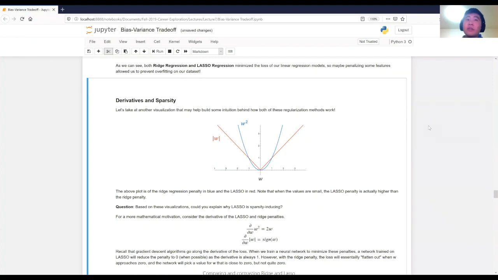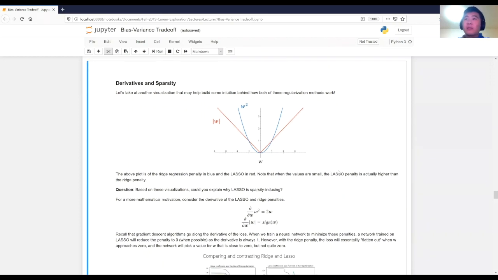Let's consider the intuition behind Lasso and why it induces sparsity. To illustrate this, let's plot the functions absolute value of w and w squared. We notice that when w is small, between -1 and 1, the Lasso penalty of the absolute value of w is actually considerably larger than w squared.